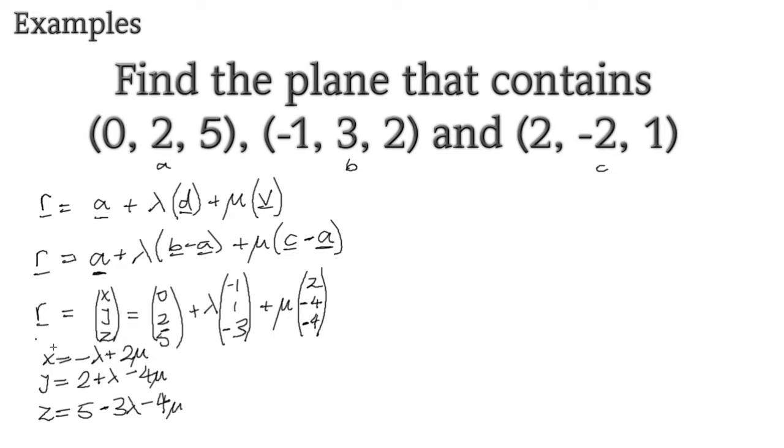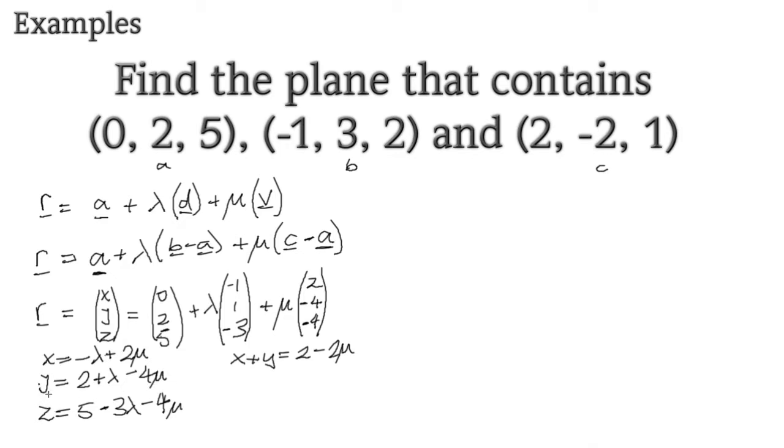Then this is simply just a 2-variable simultaneous equation we can rearrange and solve. To do that, first take x and y. We can add these two equations to eliminate lambda, which gives us x plus y equals 2 take 2 mu.